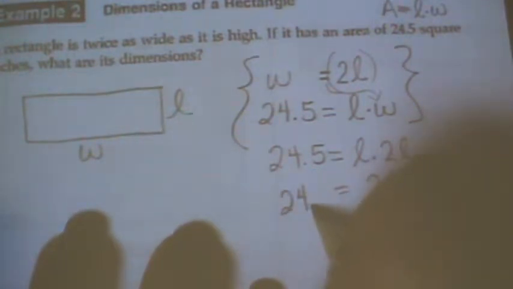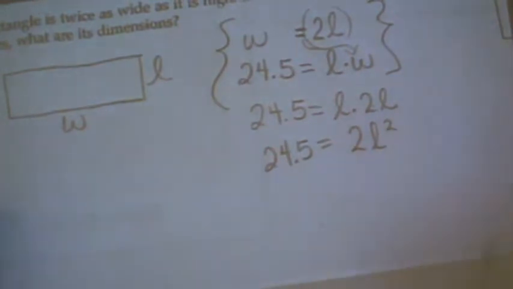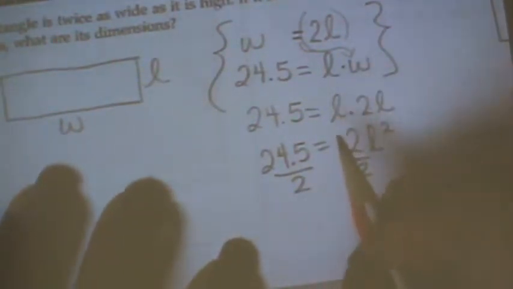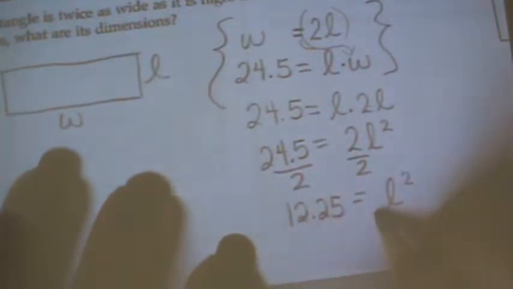Now in Section 2.2, how did we talk about solving these when you don't have a middle term? How about divide by 2 first? And you get L squared is equal to 12.25. And now you're gonna take the square root of both sides.